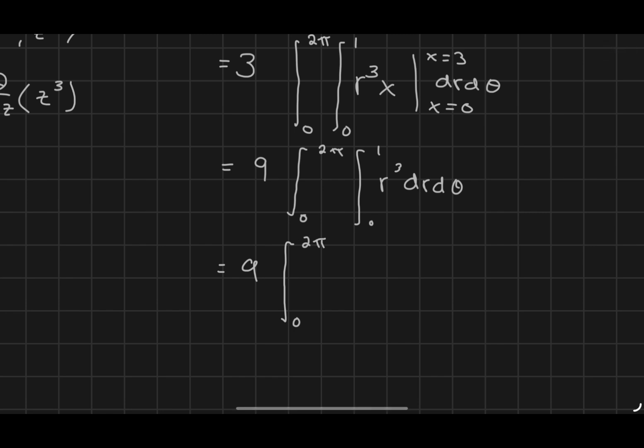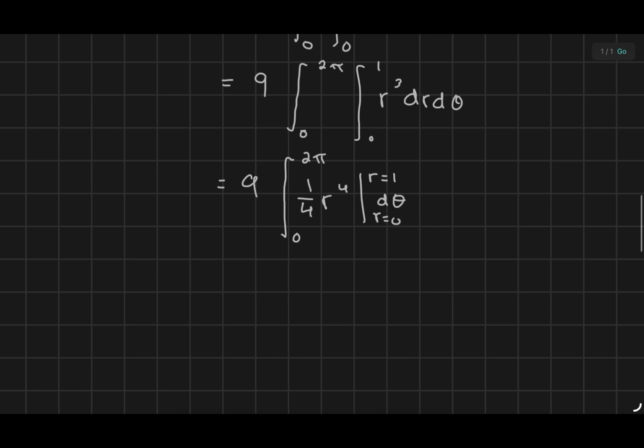And then integrating r cubed dr, that's going to be 1/4 r to the 4th from r is equal to 0 to r is equal to 1 d theta. Plugging in 1 there, we're going to have 1/4 times 1 to the 4th, which is going to be 1/4. And then we're subtracting 1/4 times 0. That's just going to be 0.